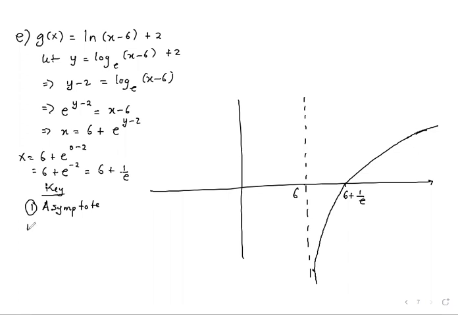One, the asymptote; two, the y-intercept, if it's there; three, the x-intercept, if it's there. Once you have these, then you can sketch. That's always how you sketch the graph.